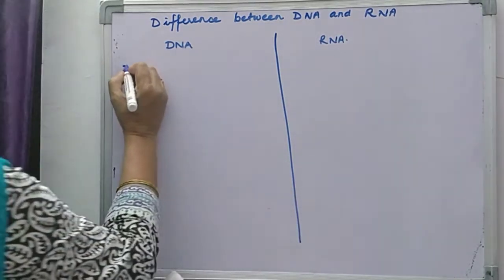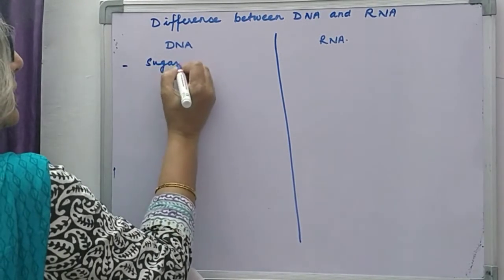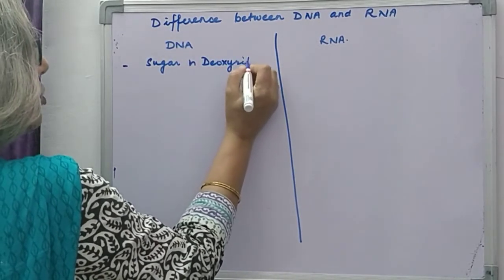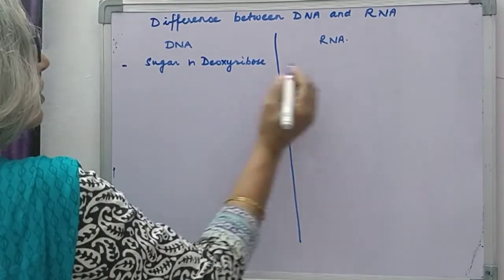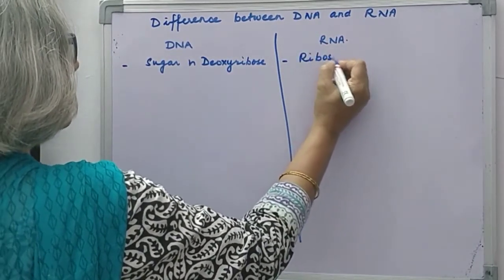So first difference, the sugar present in DNA is deoxyribose sugar, whereas the sugar present in RNA is ribose sugar.